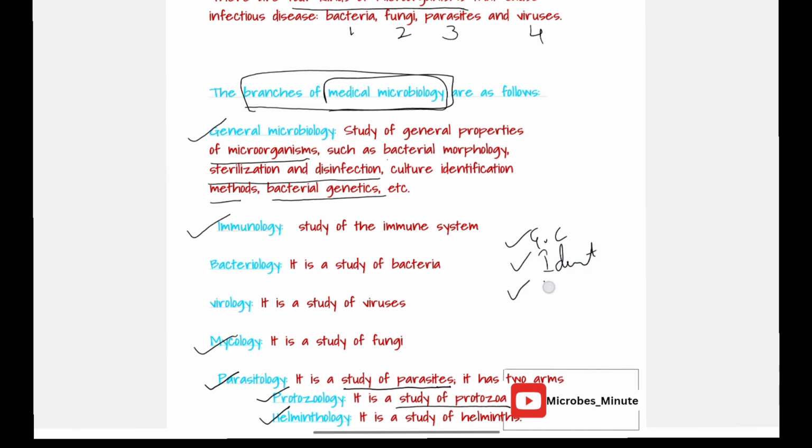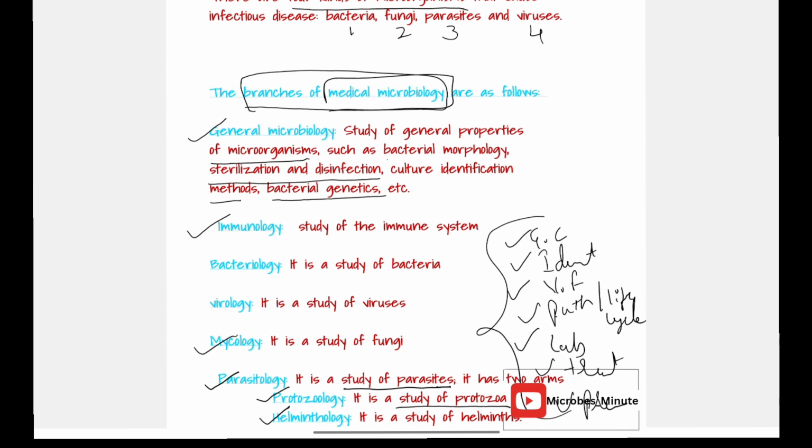Next, we'll be learning the virulence factors, pathogenesis, or life cycle. Mainly we'll be learning the life cycle, how it is going to spread. And next, the laboratory diagnosis part, treatment part, and the precautions. For all the parasitology we'll be studying in this format.